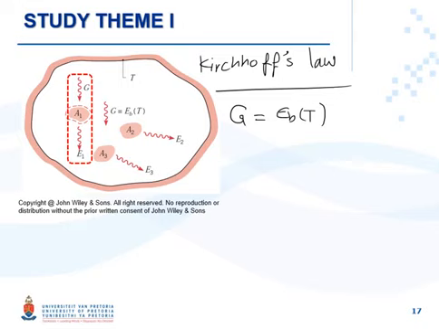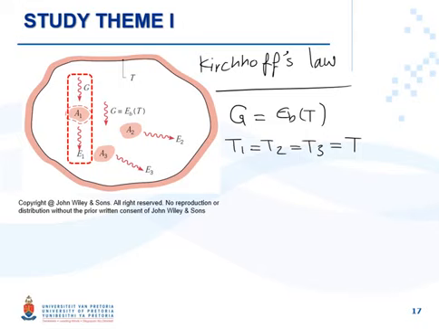So T1 will be equal to T2, will be equal to T3, will be equal to T. So, steady state thermal equilibrium, and the net rate of energy transfer to each surface must be 0. Why should the net rate of energy transfer be 0? You remember exactly. Why? Because thermal equilibrium has been achieved.